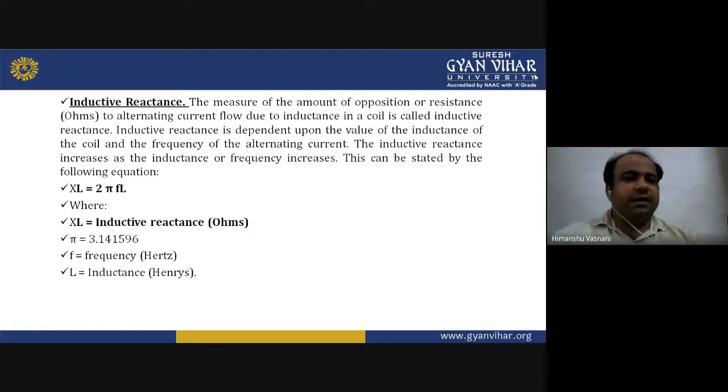Inductive reactance is dependent upon the value of inductance of the coil and the frequency of the alternating current, and it increases as the inductance or frequency increases. This can be stated as XL = 2 pi F L, where XL is the inductive reactance in ohms, pi is 3.14, F is the frequency in hertz, and L is the inductance in henrys.